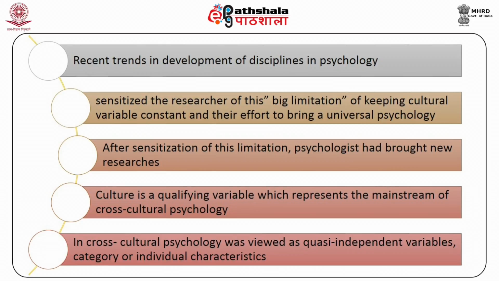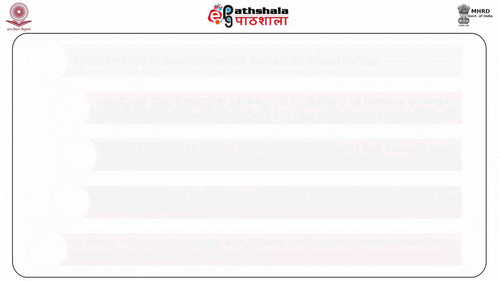In cross cultural psychology, culture was viewed as a quasi independent variable, a category such as individualistic versus collectivistic, or individual characteristics (Yin et al., 2000).